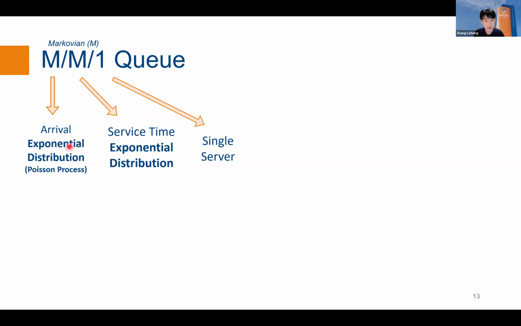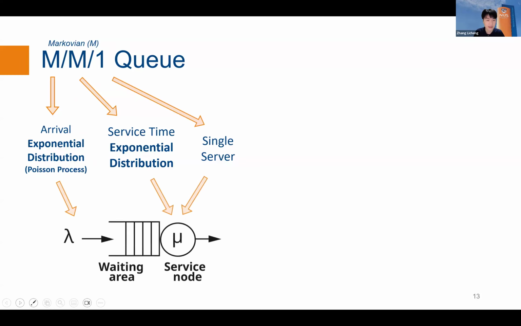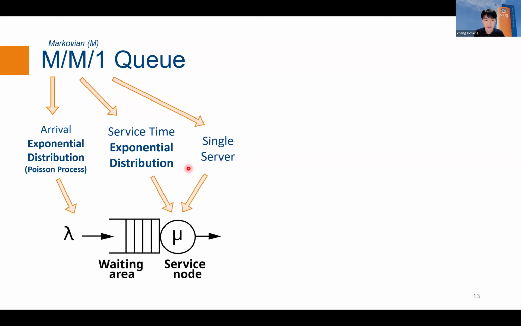And for arrival with exponential distribution, we have the Poisson process, if you recall from statistics. All these together form our MM1 queue. So customers arrive based on an exponential distribution. They queue up in a single queue, and there's only one server. So this is what the MM1 means. And the server will serve based on an exponential distribution service time.